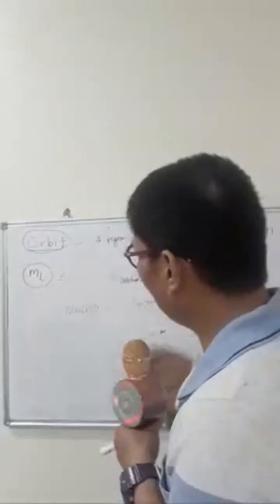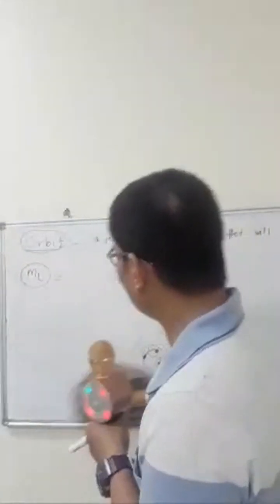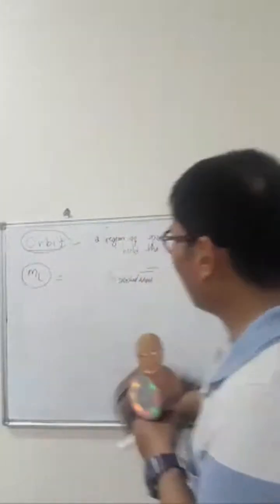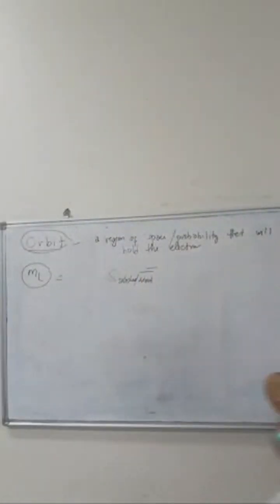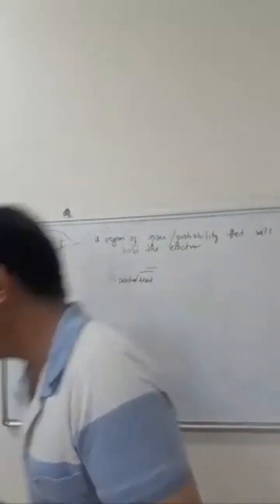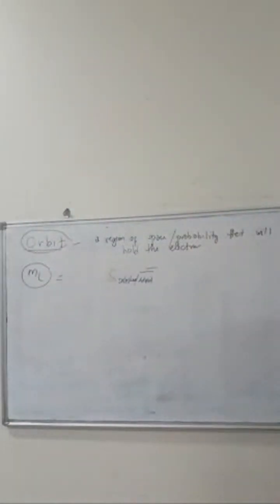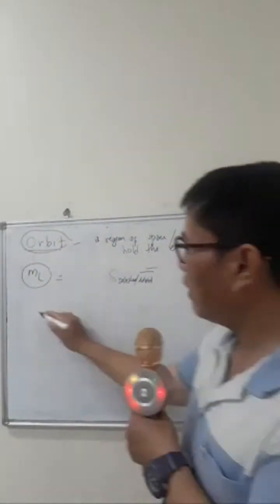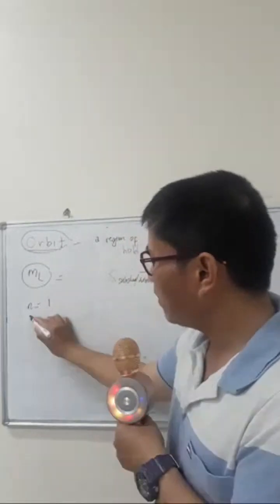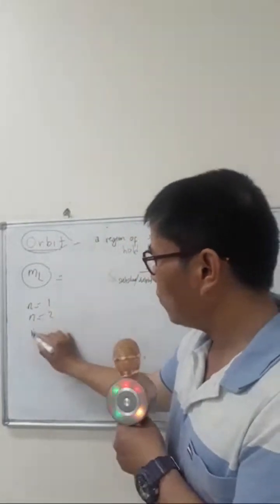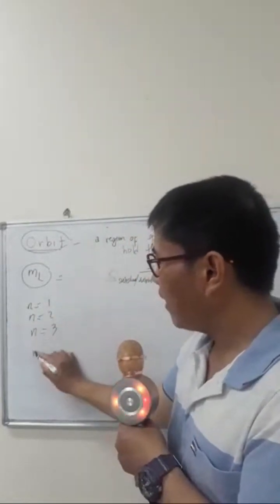So, first we have a table. Now, our topic is ML. Okay. So, for example, guys, I have energy levels N1, N2, N3, N4.